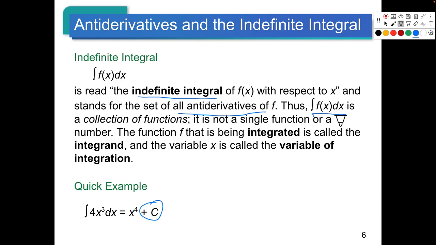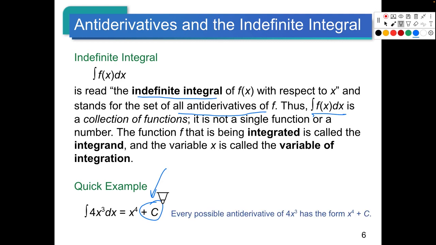But because the process of taking a derivative basically throws the constant away, it makes it zero, so it's gone. It's burnt. Unless there's other evidence, all we can say is there was one there, but we don't know what it is. So we put a plus c or a plus k or whatever you want, just something that says there's a number here, but we don't know what it is.